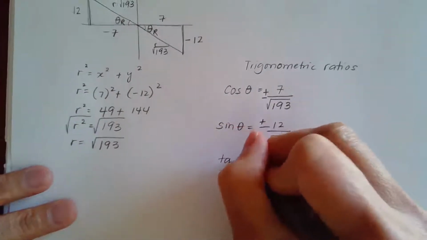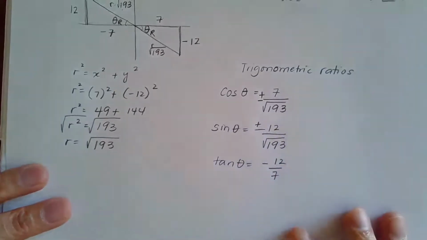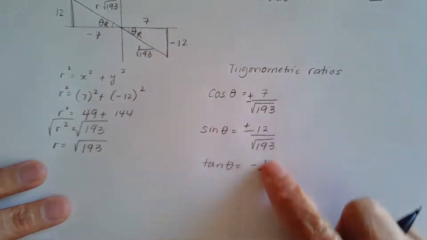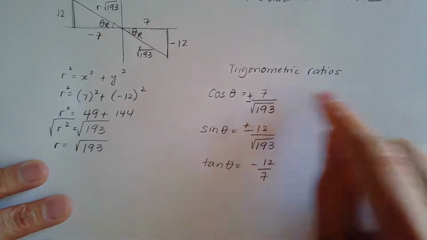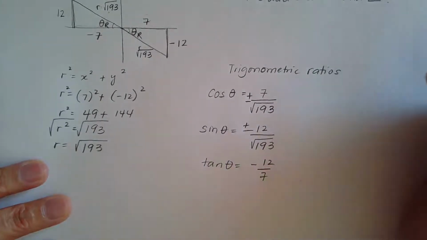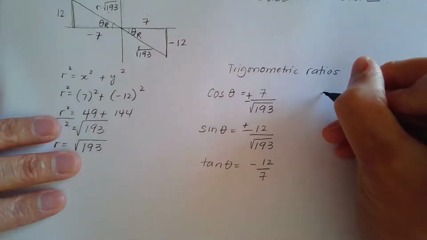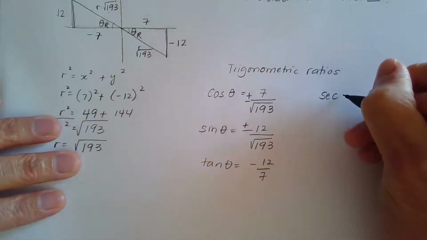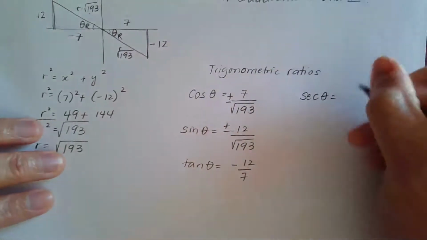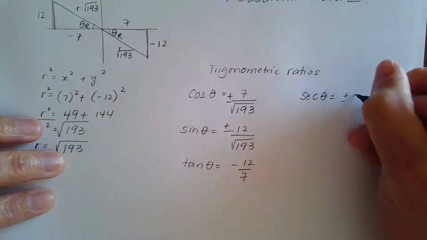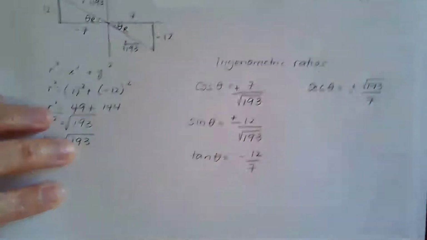And then finally the tan of theta is equal to negative 12 over 7. So we have all three primary trigonometric ratios. What we're going to do is the reciprocal trig ratios. Secant theta is the reciprocal of cosine, so it's still plus or minus root of 193 over 7.